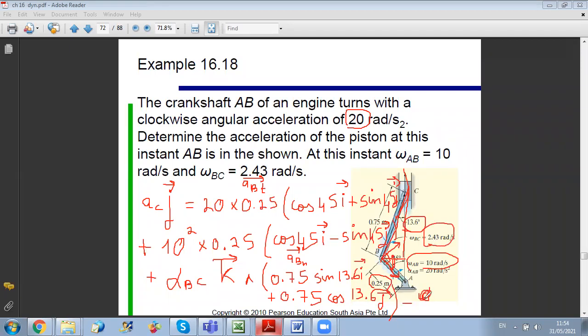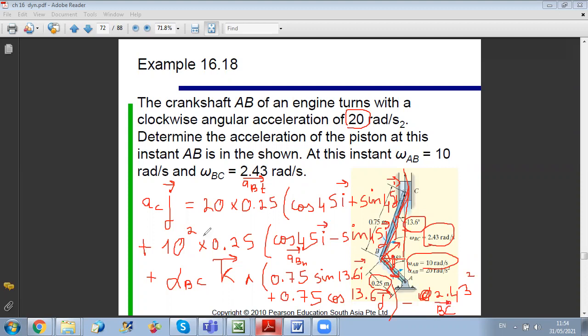So I can directly replace, so minus 2.43 square times vector BC. And vector BC is what we wrote before: 0.75 sine 13.6i plus 0.75 cosine 13.6j.